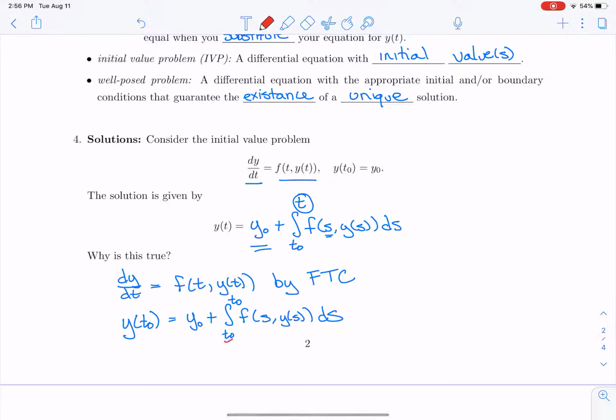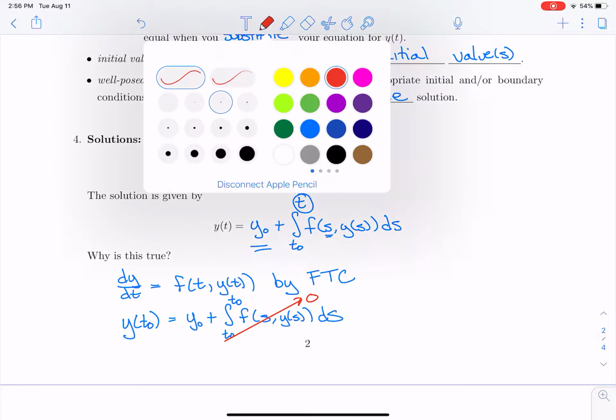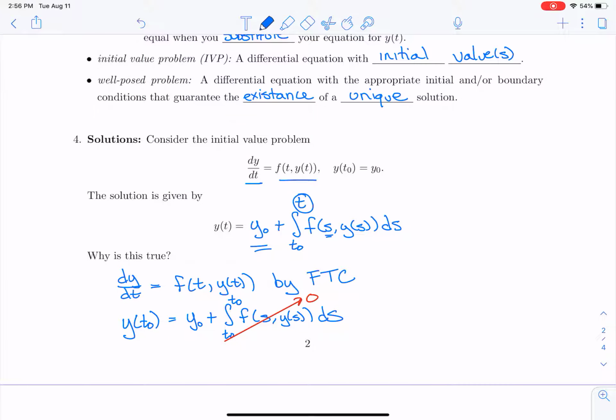Well, that integral has no area underneath it, so that integral is 0. So what does that tell us? y of t sub 0 is actually y sub 0. So we have verified that this function I've given you, this integral, is a solution to the differential equation because the equality holds, but also a solution to the initial value problem because y of t sub 0 is still y0.